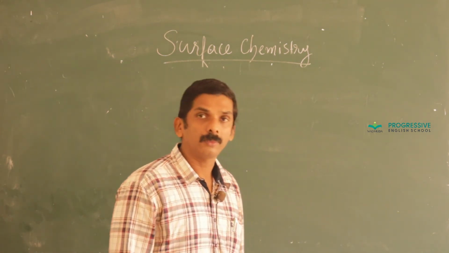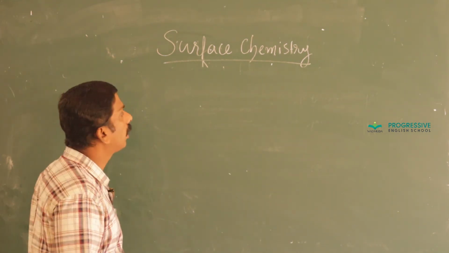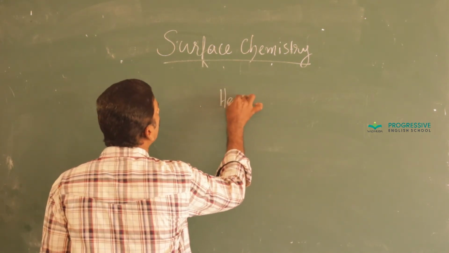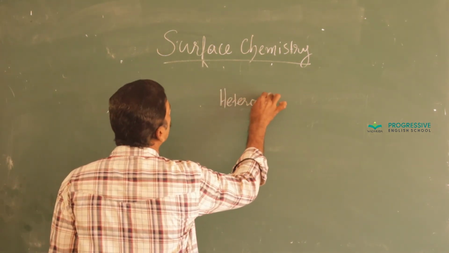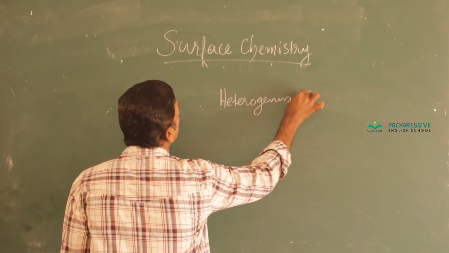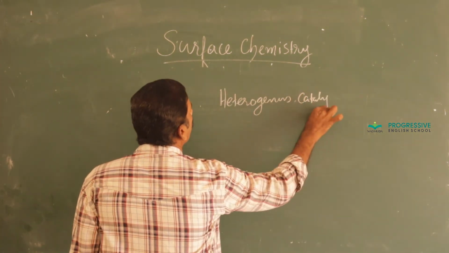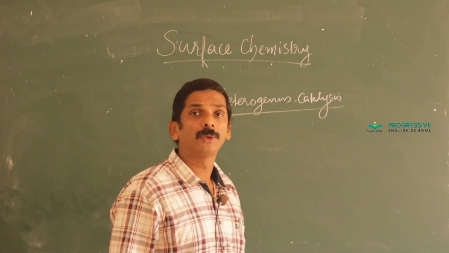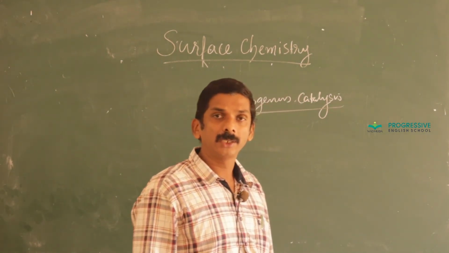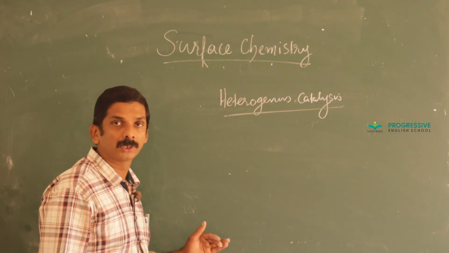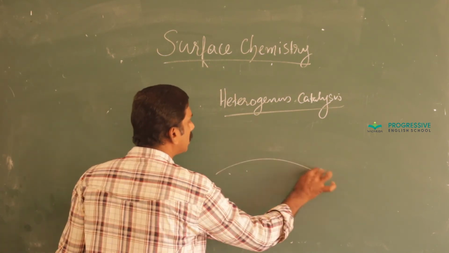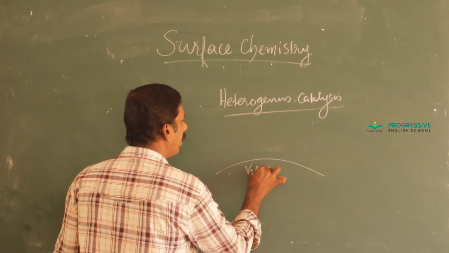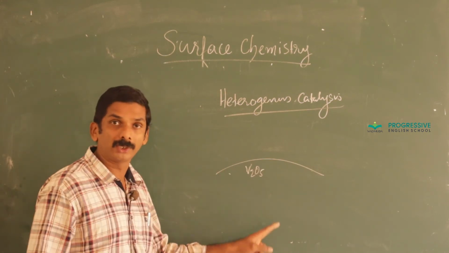One of the applications of adsorption is heterogeneous catalysis. Now, the adsorption theory of heterogeneous catalysis. In the contact process, the catalyst is vanadium pentoxide, which is in solid state.